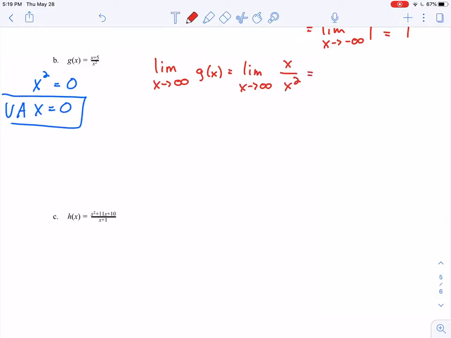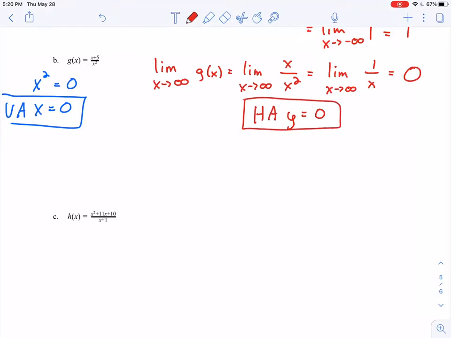We can, of course, simplify this. This is the limit as x approaches infinity of 1 over x if we cancel that common x. And I know that this piece right here approaches 0. I have a positive power of x in the denominator, which means that whole thing goes to 0. So that means that y equals 0 is a horizontal asymptote.